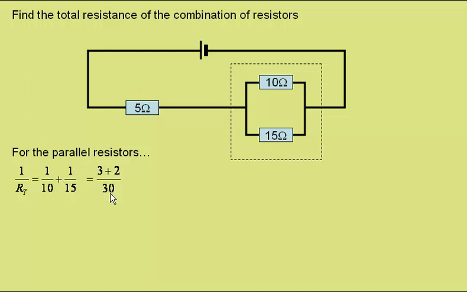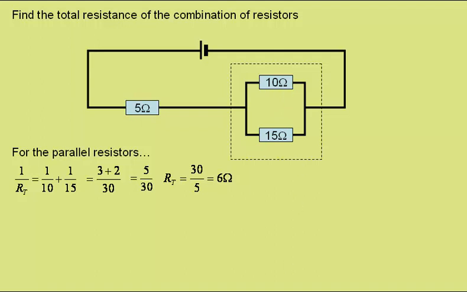Putting them over a common denominator of 30 gives us 3 plus 2. So 1 over RT is equal to 5 over 30. We must not forget to invert, giving us that RT is equal to 30 divided by 5, which is 6 ohms. As a quick check, it must be less than 10 ohms, which it is.